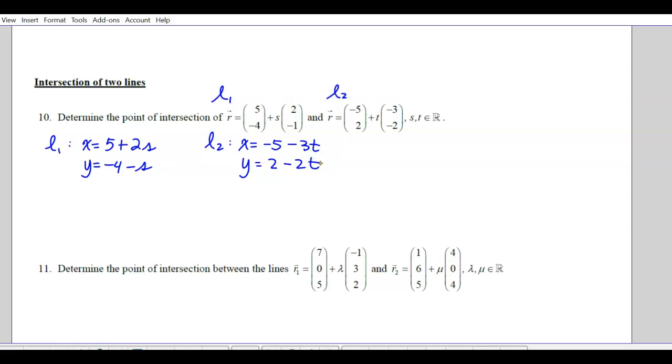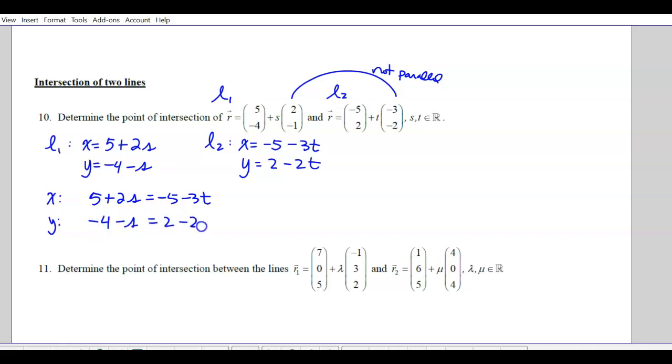If these lines intersect, they're not parallel, so you can take a look, not parallel. Then their x values have to be the same on each of the lines, so you can form 2 equations. For x's, we'll have 5 plus 2s equals negative 5 minus 3t. For y's, we'll have negative 4 minus s equals 2 minus 2t.